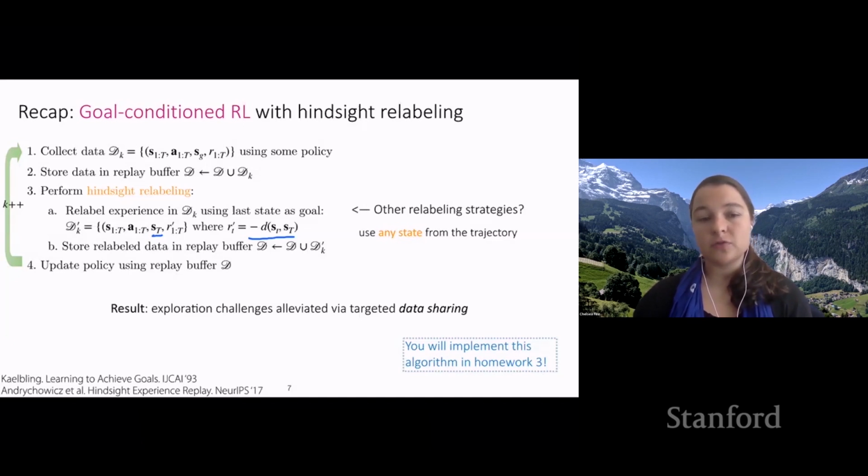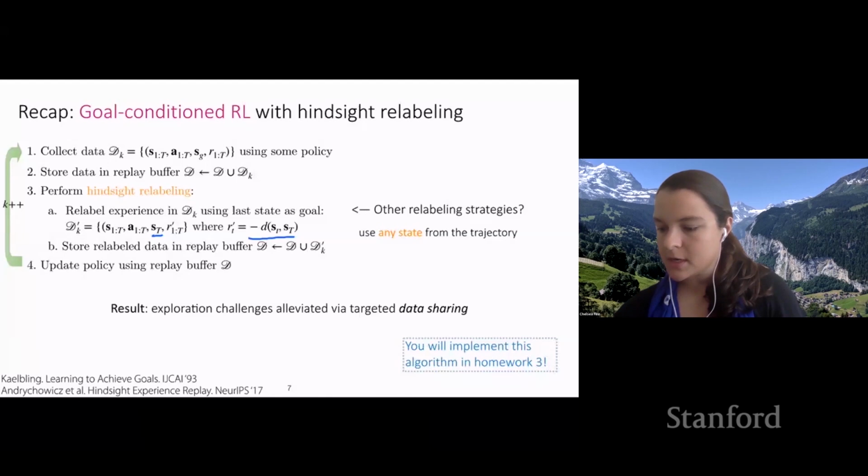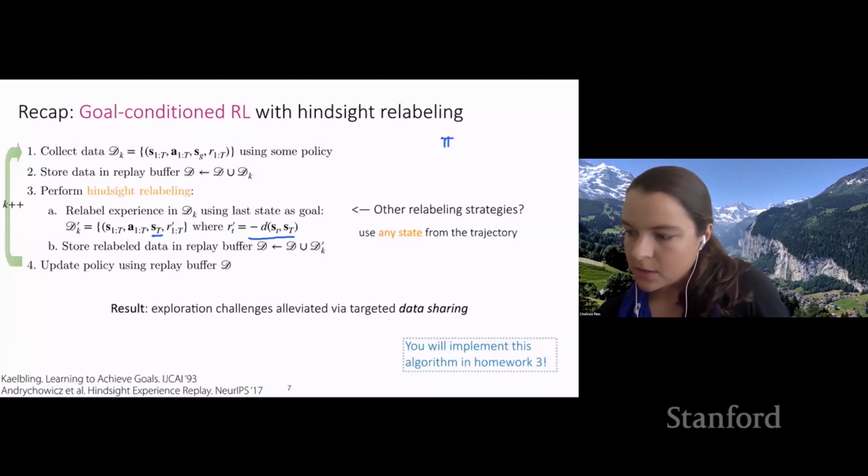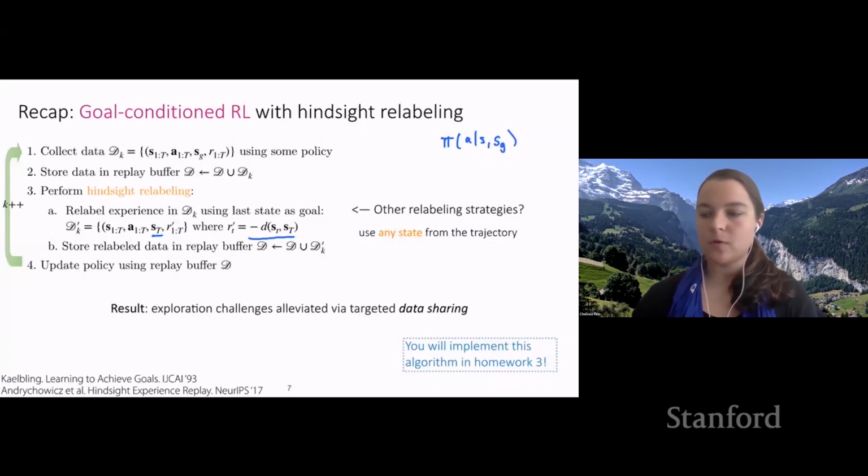So if that's a goal that you don't want to reach, note that in this case, we're still passing in the goal to our policy. So we're training our policy given S and S_G. And so essentially what this is going to be doing is training it such that if you wanted to score a goal on yourself, for example, with that particular goal state, then that's the way that you should do it.